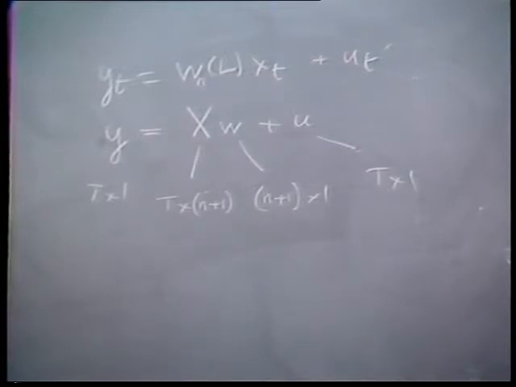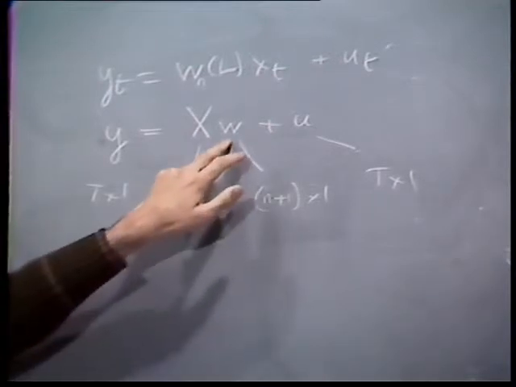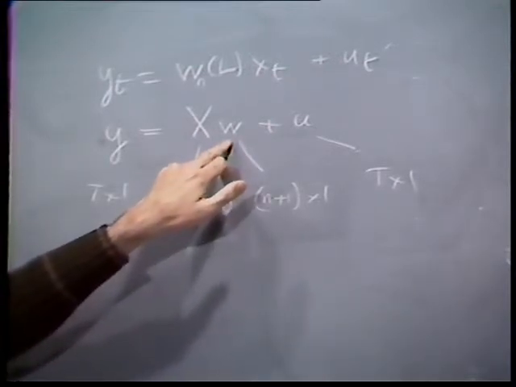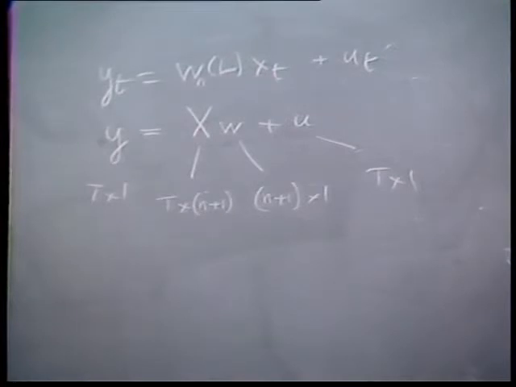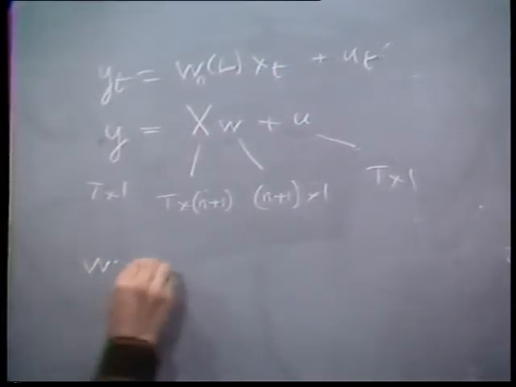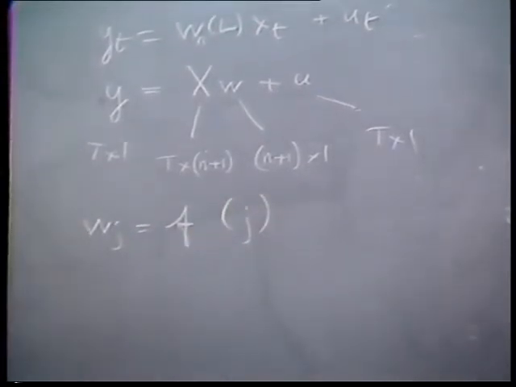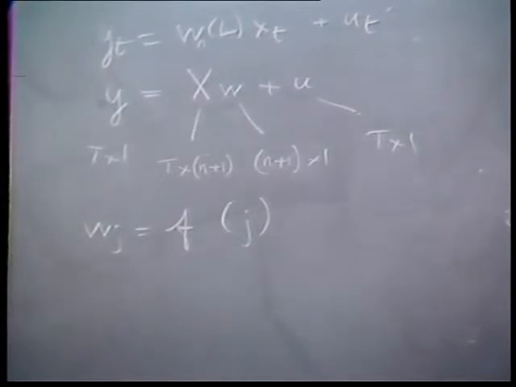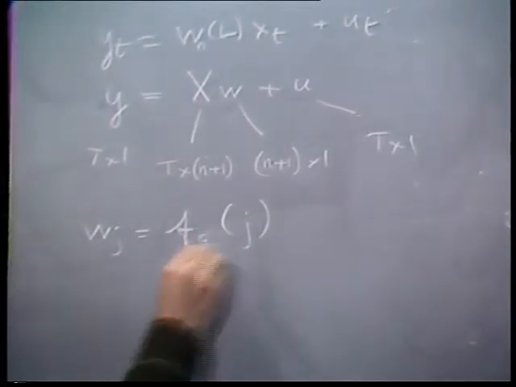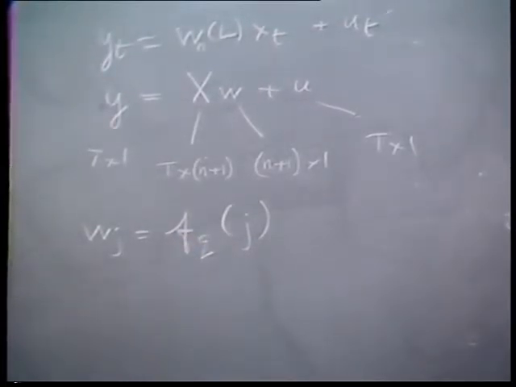So one approach has been now to restrict these coefficients w to lie on a polynomial. So that we might say that wj is some function of j, and that function is a polynomial. And the polynomial we'll now assume is of order q.